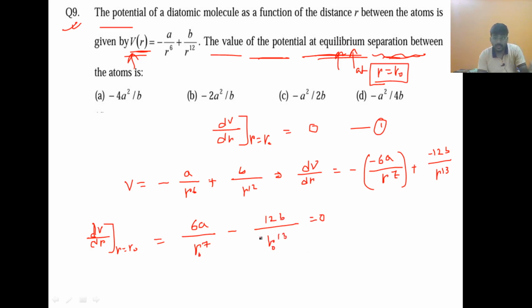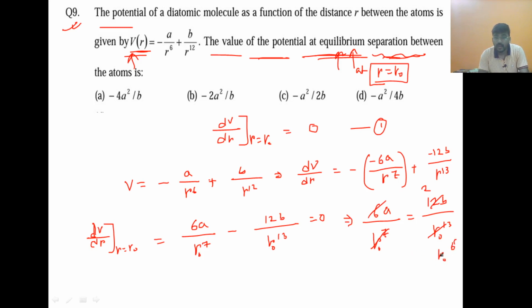Which implies that 6a divided by r0 to the power 7 is equal to 12b divided by r0 to the power 13. So this will be 2. As this is r0 to the power 7 and this is r0 to the power 13, it will be r0 to the power 6.